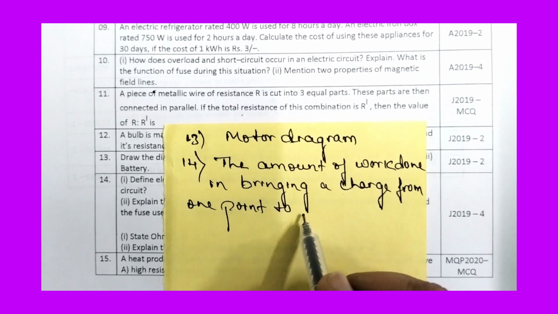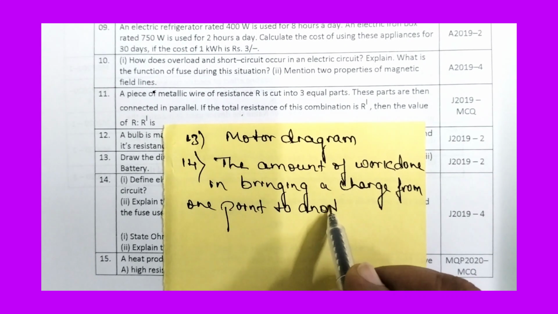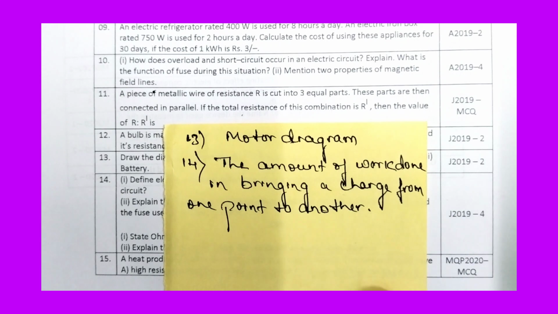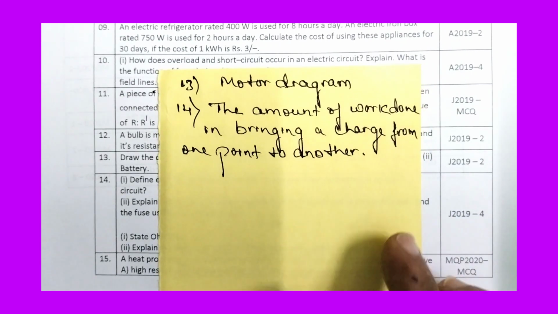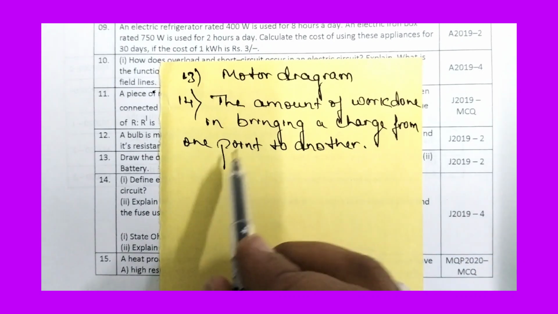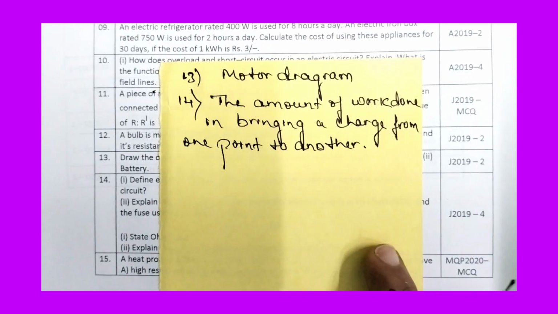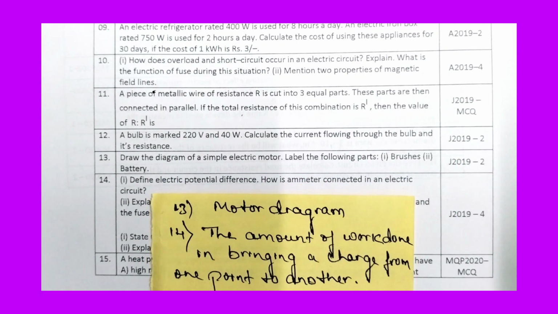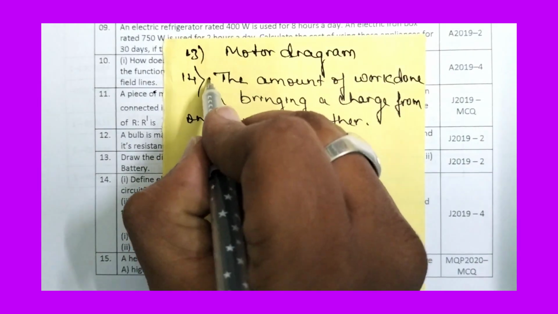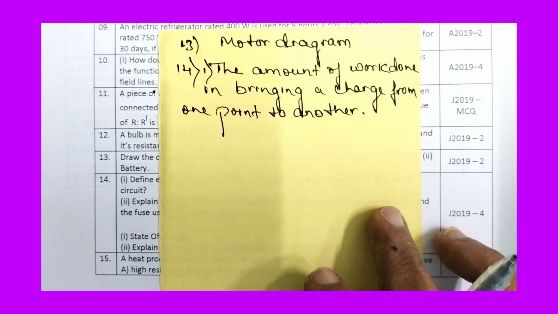While bringing a charge from one point to another, we cannot bring it simply, we have to do some work. That amount of work done in bringing a charge from one point to another is called electric potential difference. Then how is an ammeter connected, in series, that is what I have asked. This is the first question, so let us write for it.